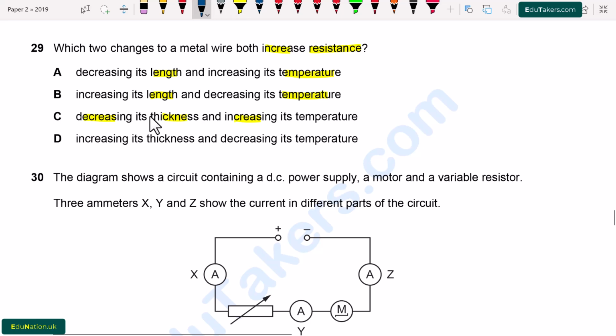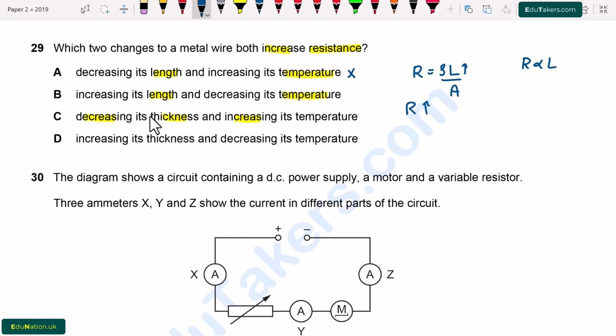We know that resistance R is equal to resistivity times length over area. When we have to increase the resistance, we have to increase the length because resistance is directly proportional to length. In the first option, it is given that we have to decrease the length, so this is incorrect.